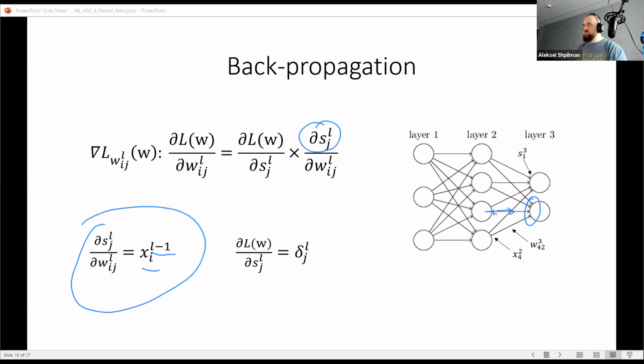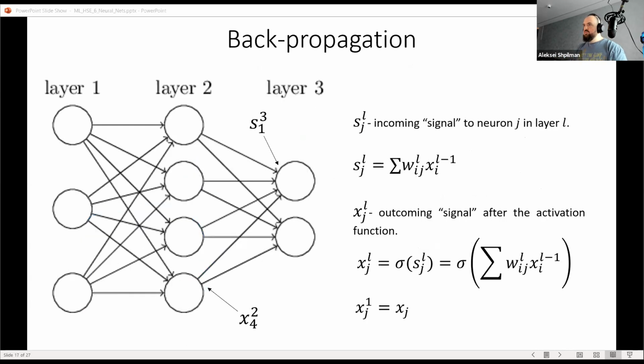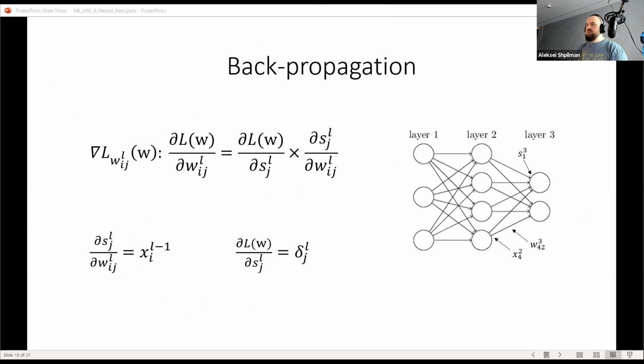All right, let's go back. So we want to calculate the derivative of that function by the W. Well, it's just X, because everything else is not influencing S. So this is just X.